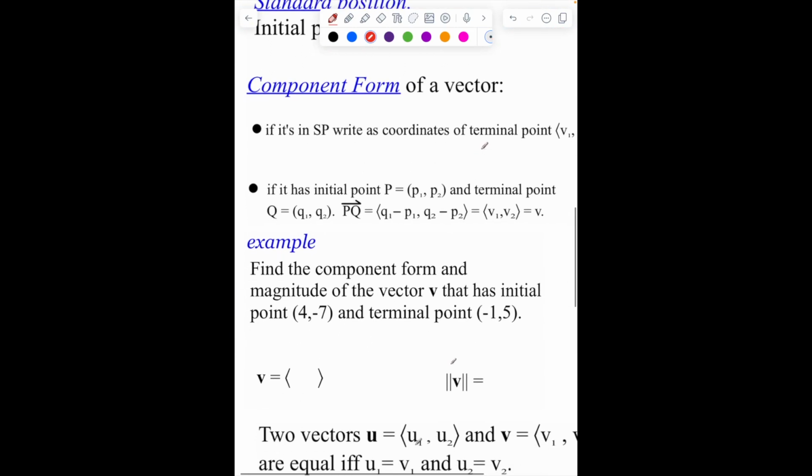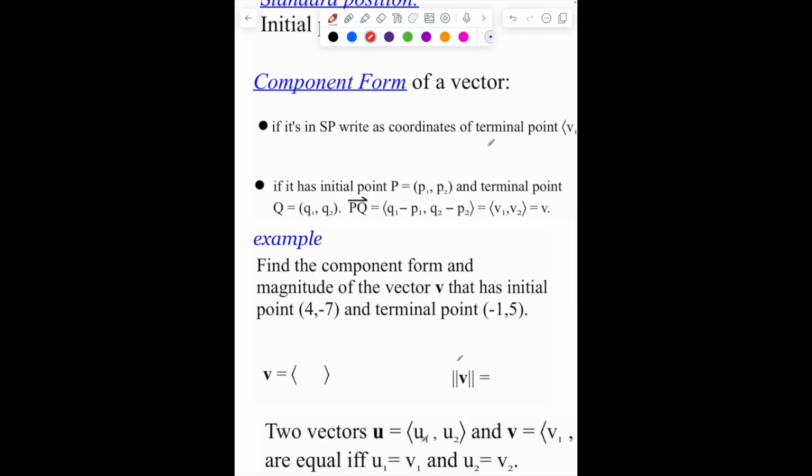Find the component form and magnitude of vector v that has an initial point (4, -7) and terminal point (-1, 5). This one does not start at 0, 0. That's okay, because we have what we need. So using this above, I'm going to take -1 and subtract 4.